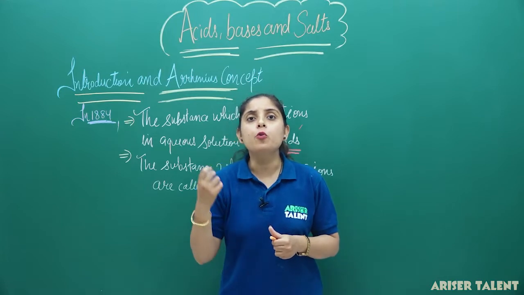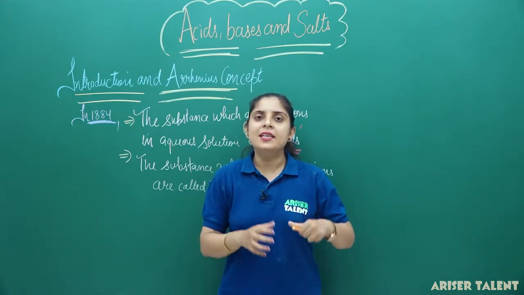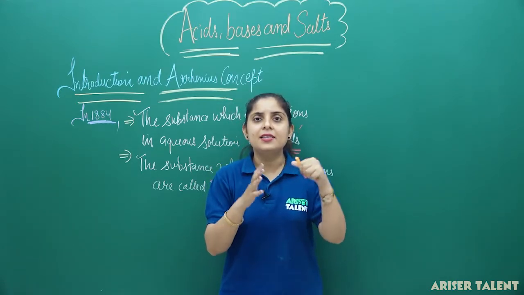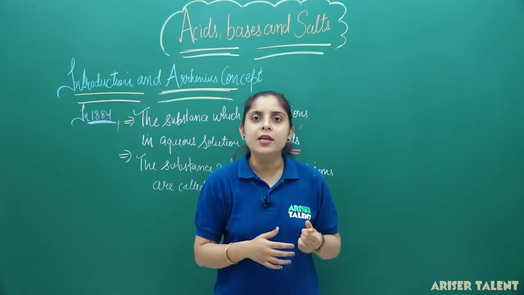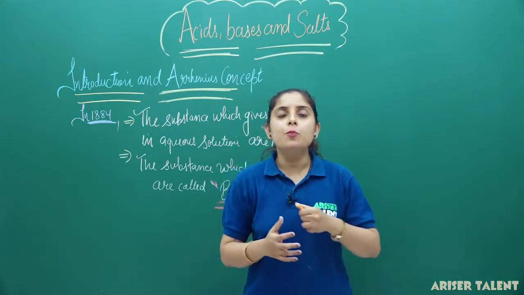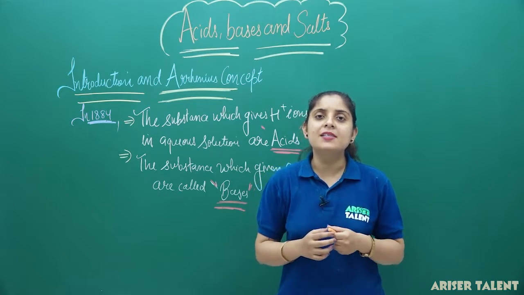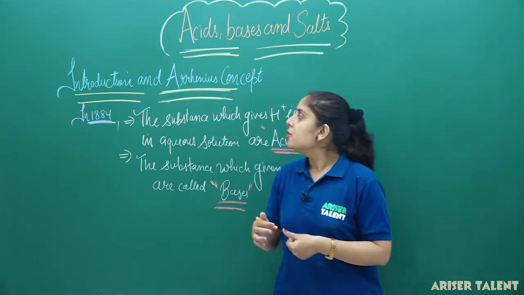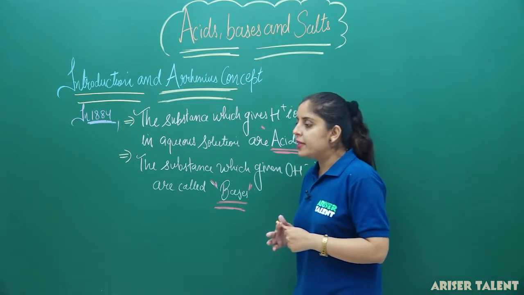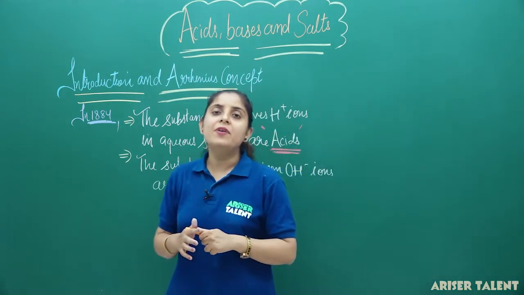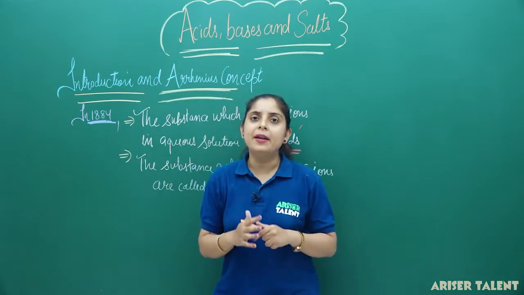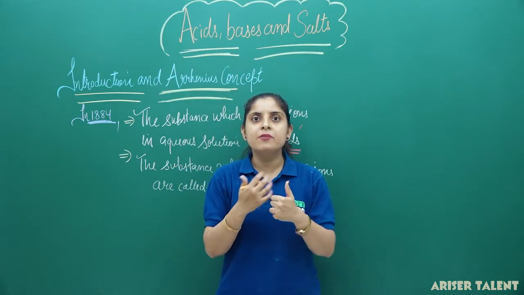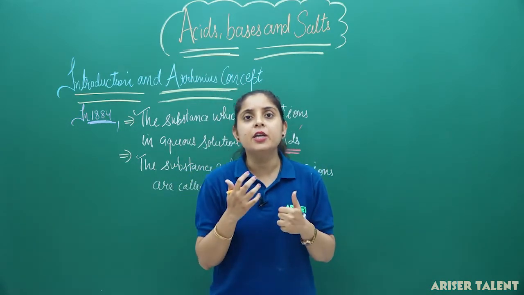If they corrode any metal, you can easily identify that these are HCl, H2SO4 or HNO3 like other acids, because it is not possible to taste all the acids and identify whether they are sour or bitter. Clear? So acids are generally sour in taste, and whenever they react with any metal, they corrode the metal.